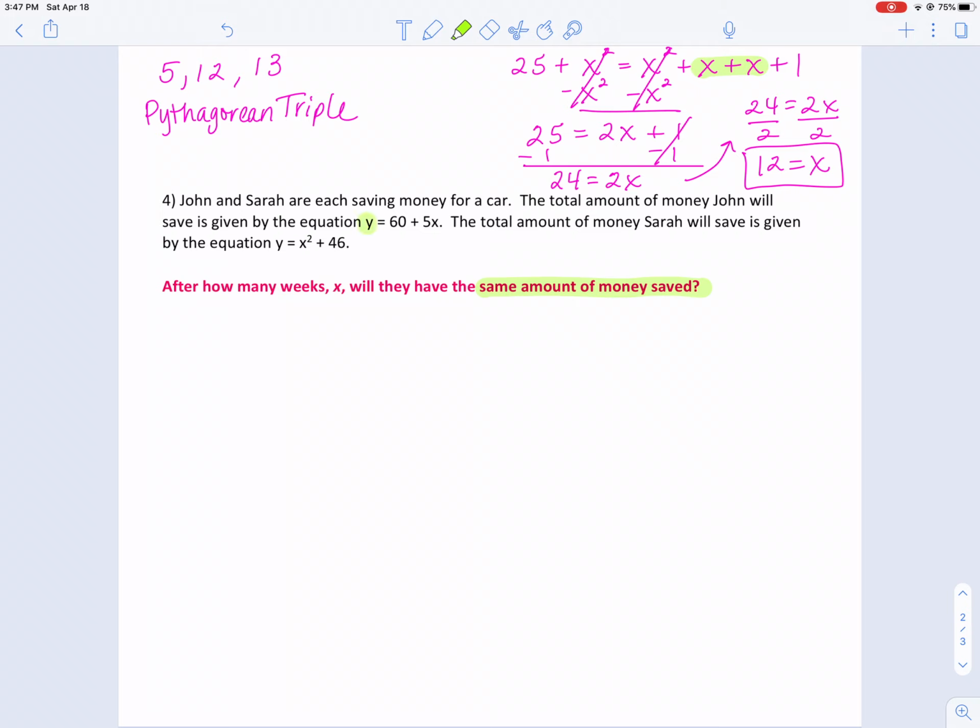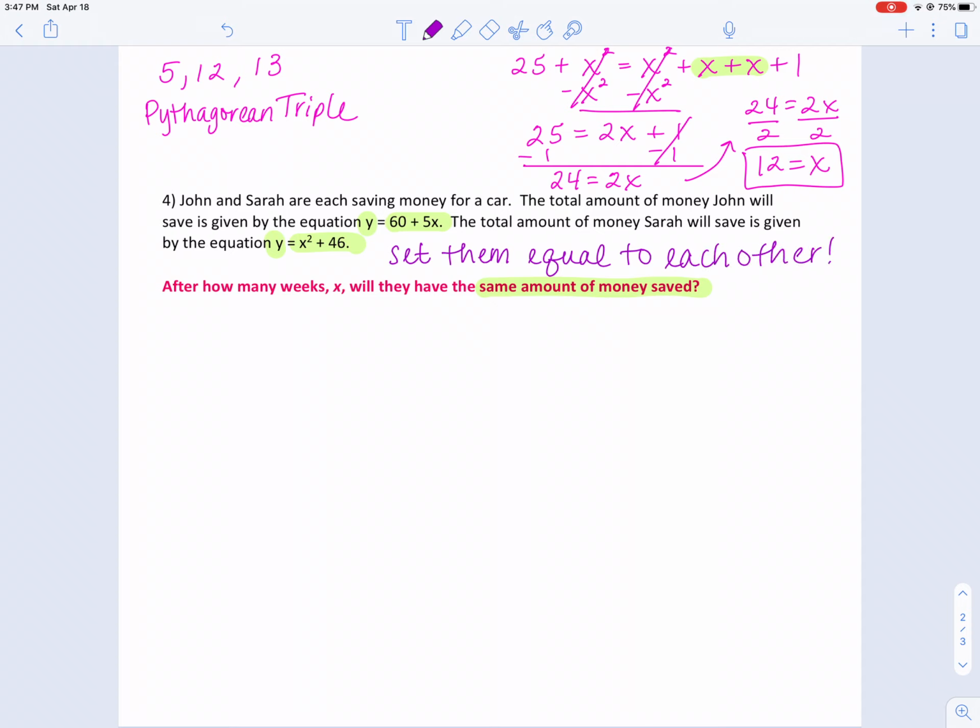So now look at this. If y equals this and y equals this, then they both have to equal the same thing. Does everybody understand that? You're going to immediately set them equal to each other. Okay?